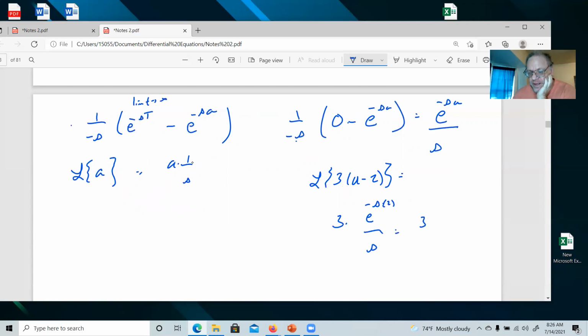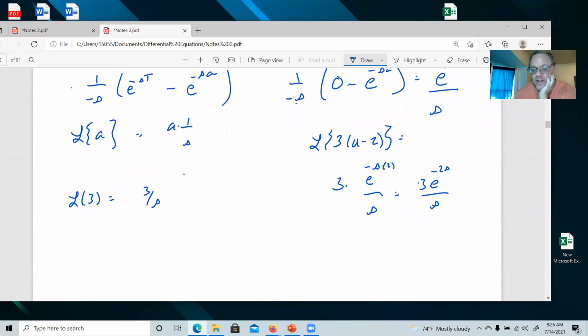So it's going to be 3 e to the negative 2s over s. Okay, so it's the same kind of thing. This is 3 over s. If I just took the Laplace transform of 3, we'd have 3 over s. What's different is we have this e to the negative as term to signify that we had a step function. And that's all you have to remember for this.